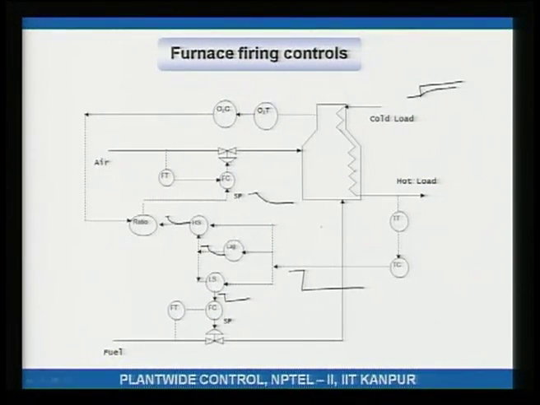So, this is a simple control solution to do what? To address a safety concern. What is that safety concern? You do not want any unburnt fuel to remain inside the furnace. Okay.